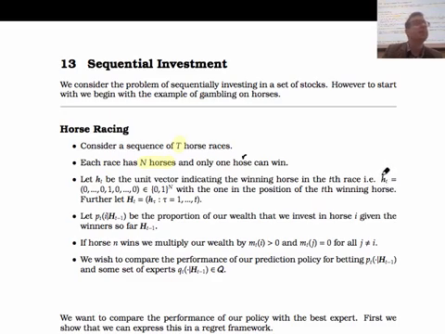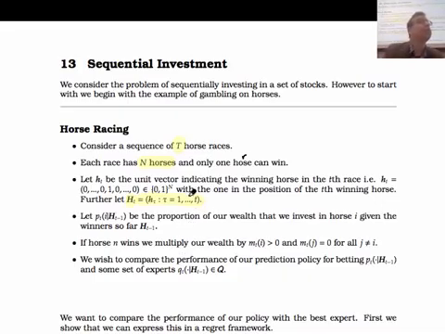So it's just the way I'm going to represent who wins and who doesn't. Further, I'm going to let capital H_t be the history, in some sense, of the winning horses so far. So capital H_t is going to give the winning horse from round t all the way back to round 1.